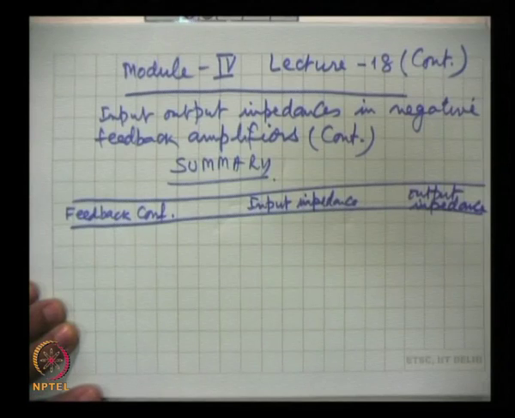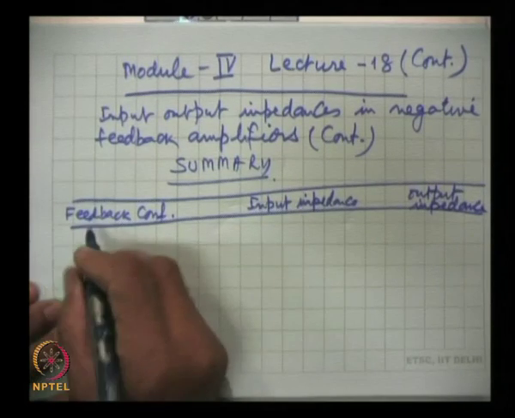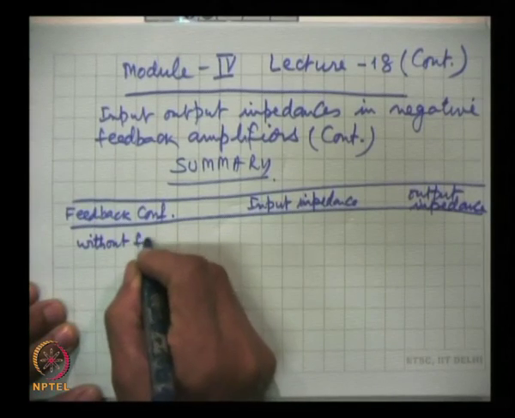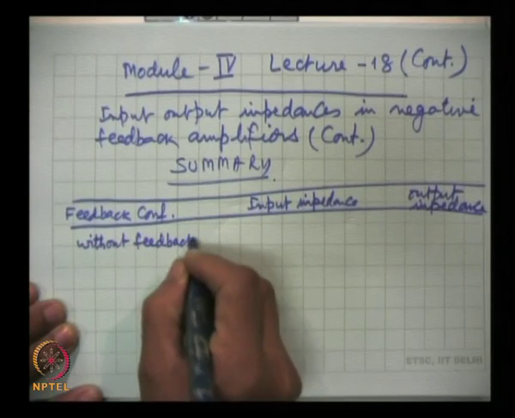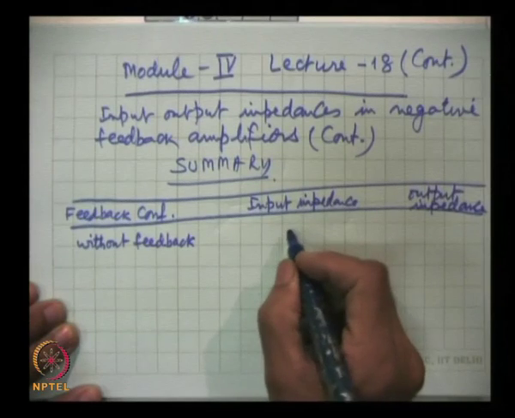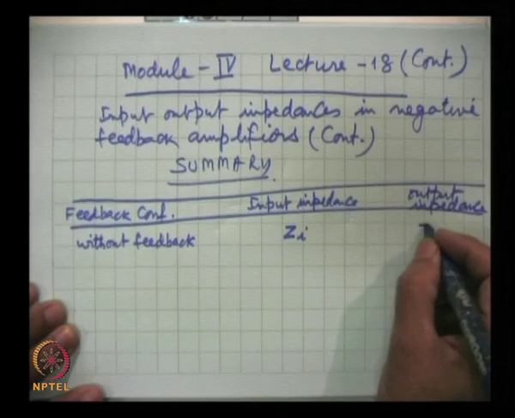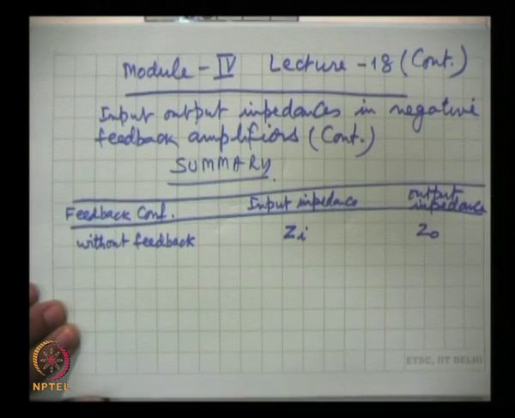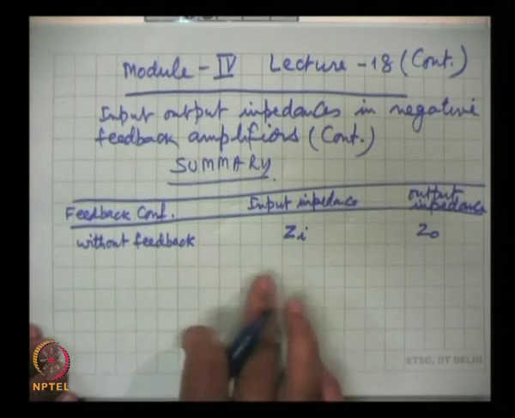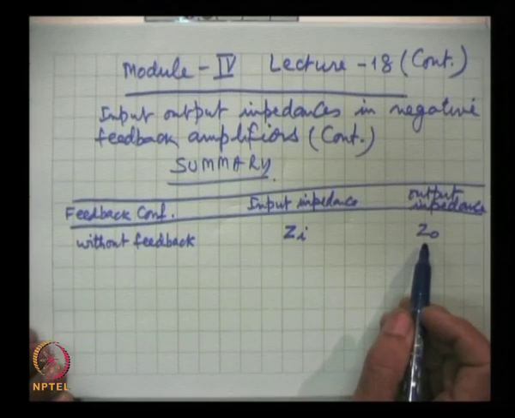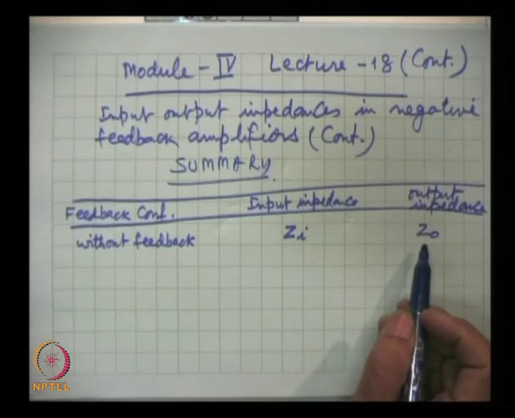Input impedance and output impedance. Now, without feedback, the input impedance is taken as Z I and the output impedance is taken as Z 0. So how are these Z I and Z 0 modified in the 4 configurations?